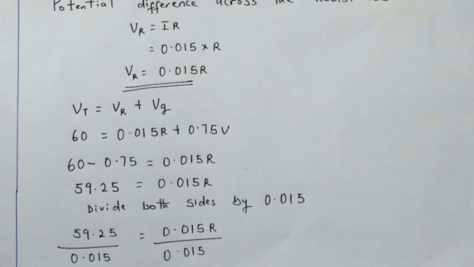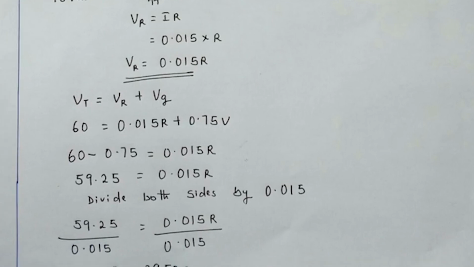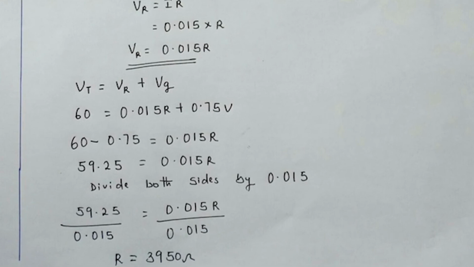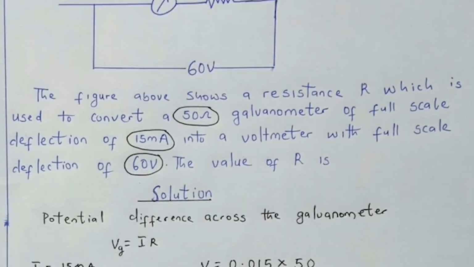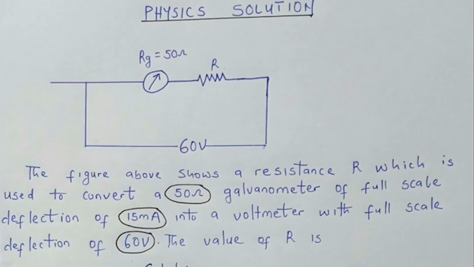When you solve further, you divide both sides by 0.015, and you will arrive at your answer, which is a resistance of 3950 ohms. This is the resistance required to convert the galvanometer into a voltmeter that can measure up to a potential difference of 60 volts.